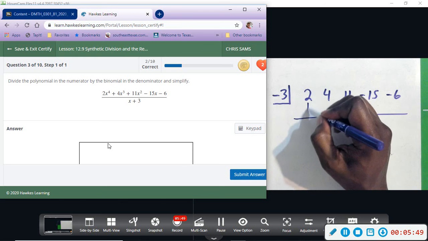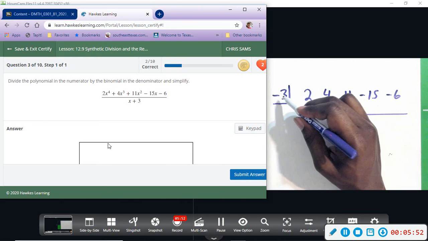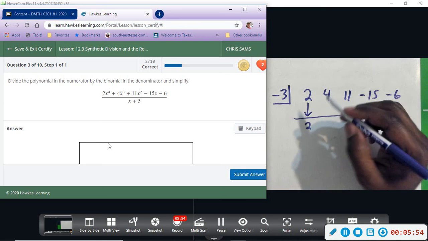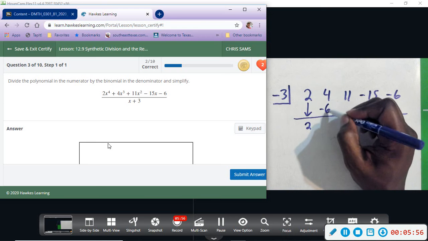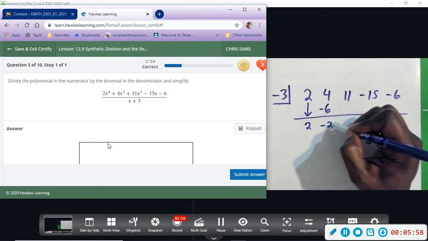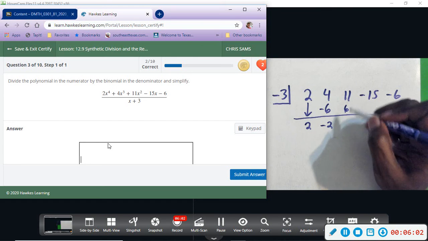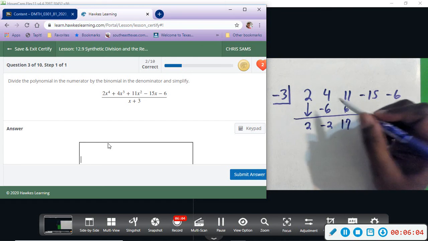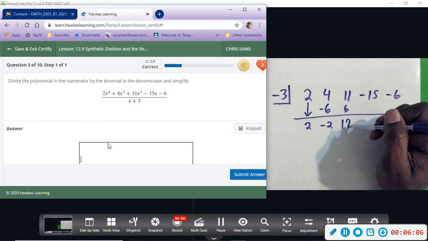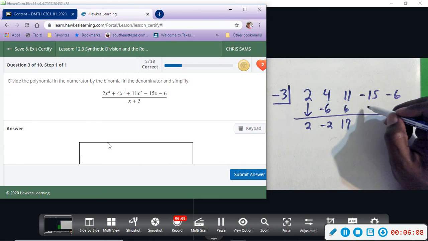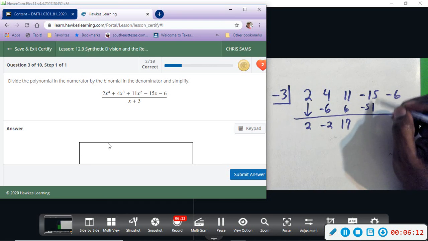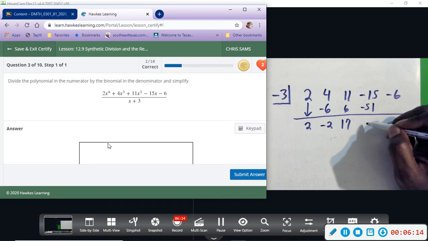Draw a line, bring the first one straight down. 3, negative 3 and 2 gives me a negative 6. Combine, negative 2. Negative 3, negative 2, positive 6. Combine, we get 17. Negative 3 and 17 give us negative 51. Combine, and we get negative 66.